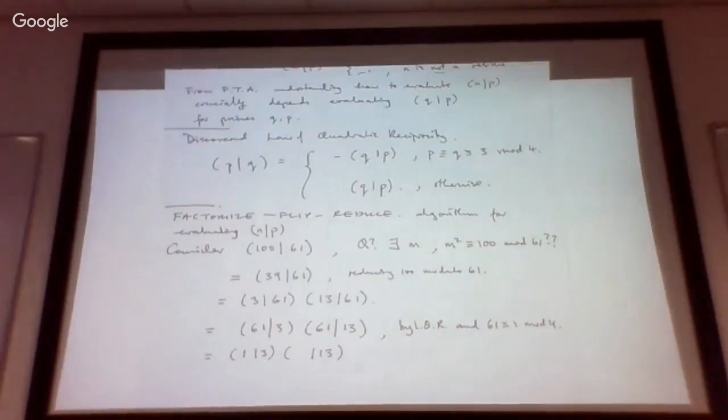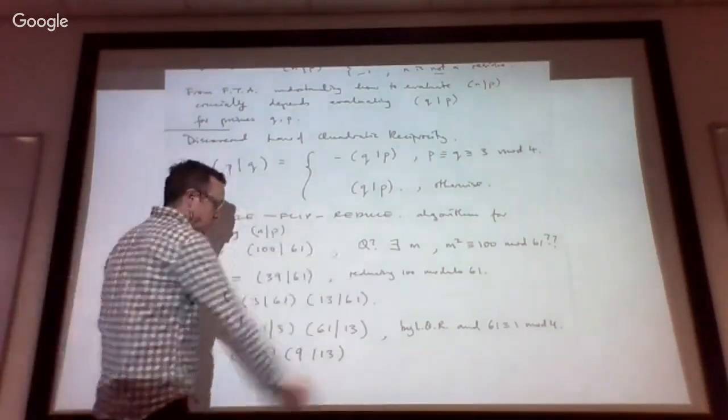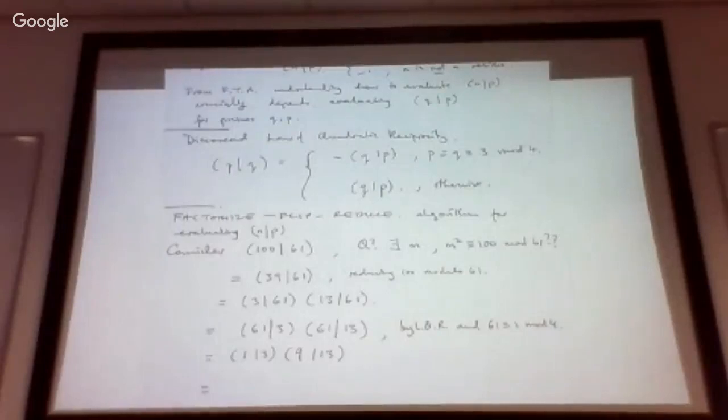It's not so easy. 4 times 13 is 52, so it's 9. So we reduced. I could keep going, factorizing, flipping, reducing, but I think we're at a position now where we should start evaluating.